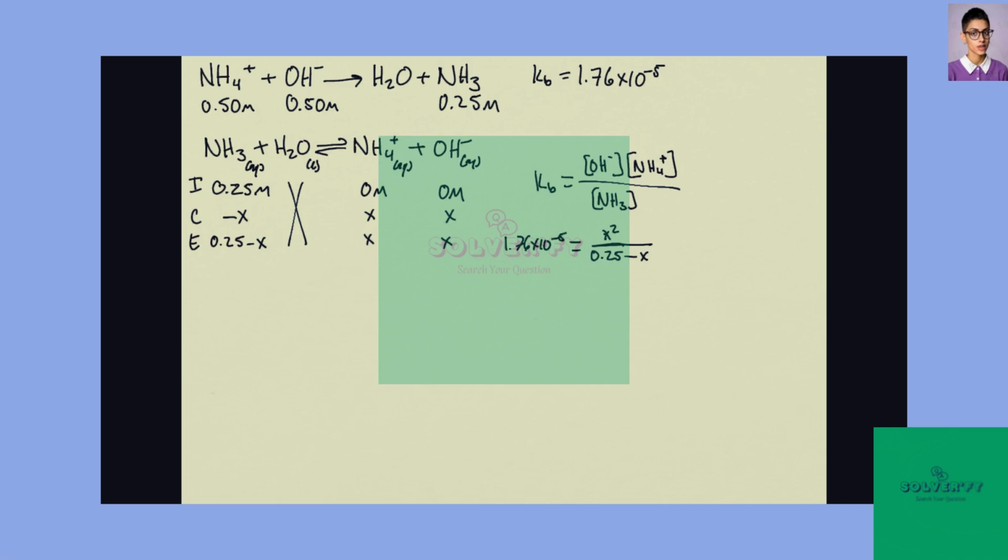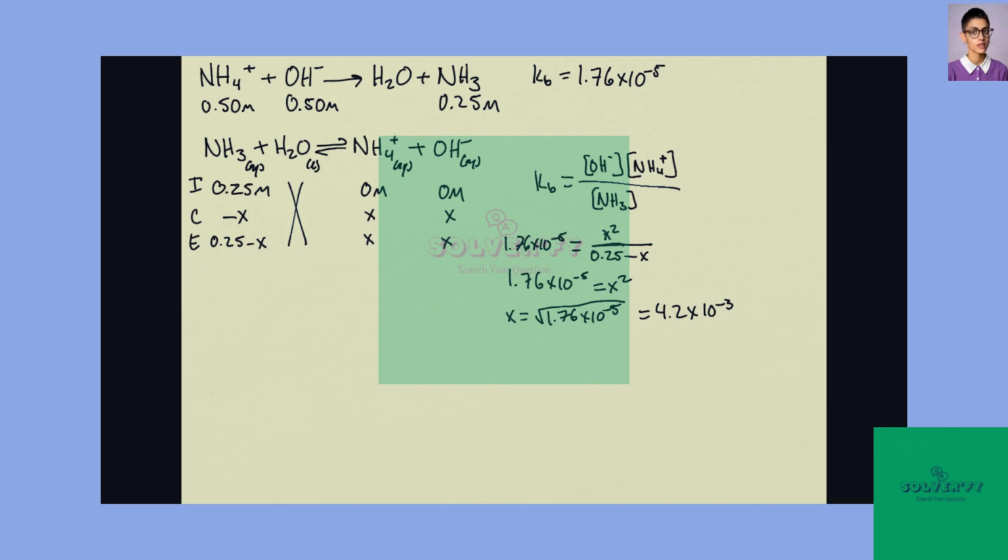Again, we can try to make this assumption that this x here is negligible. So 1.76 times 10 to the negative fifth equals x squared, or x is the square root of 1.76 times 10 to the negative fifth, which is 4.2 times 10 to the negative third.